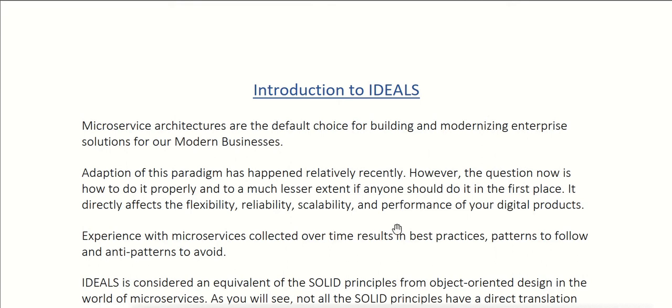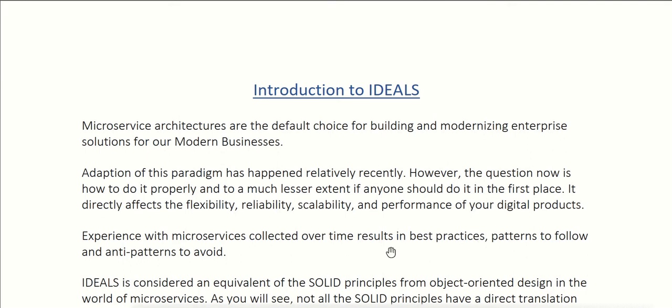But now with the introduction of microservices, things are changing. Okay, and that's why they are saying that while deciding which architecture to choose, we should be very careful, because it is going to directly affect the flexibility, reliability, scalability, and performance of our digital products. Okay, we must understand our products properly and then decide which architecture suits well.